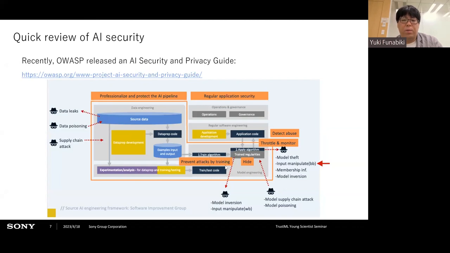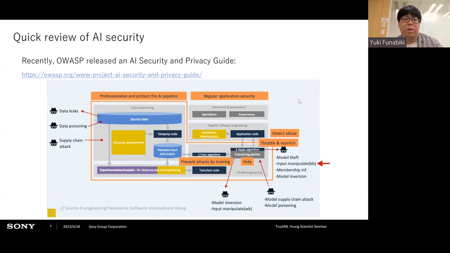At first, we should consider two factors. The first is regular application security. Of course, AI or machine learning is software, so we should apply classical security guidelines to this material.